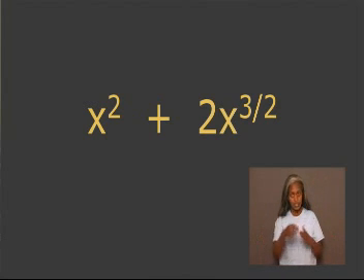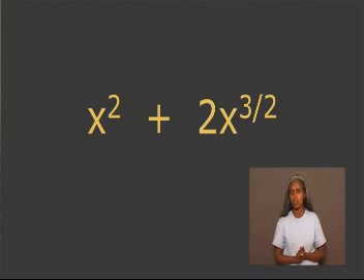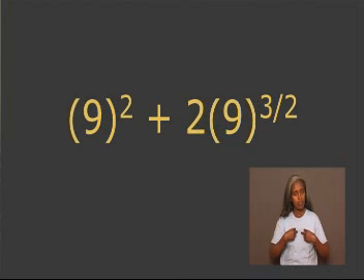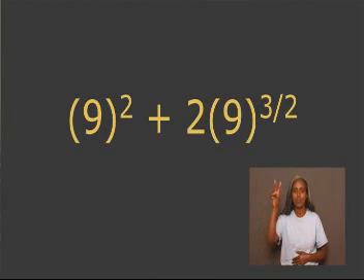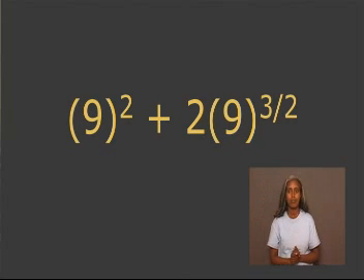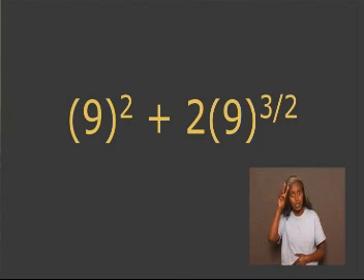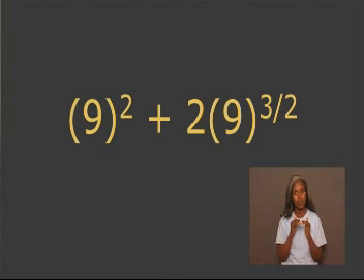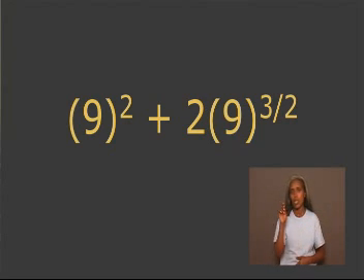In this case, 9. So we have 9 to the power of 2 plus 2 times 9 to the power of 3 over 2. 9 squared is 81. And 2 times 9 to the power of 3 over 2 is 54. Our total is 135.